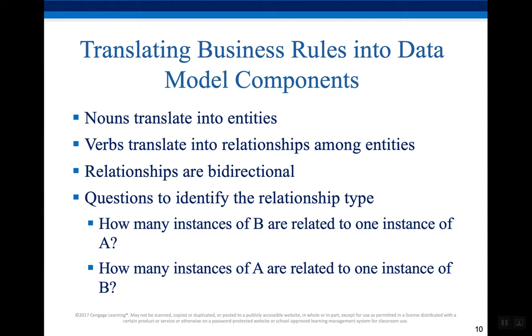So some of the things we do is try to determine what this relationship type is all about: how many instances of A are related to one instance of B, and conversely, how many instances of B are related to one instance of A.